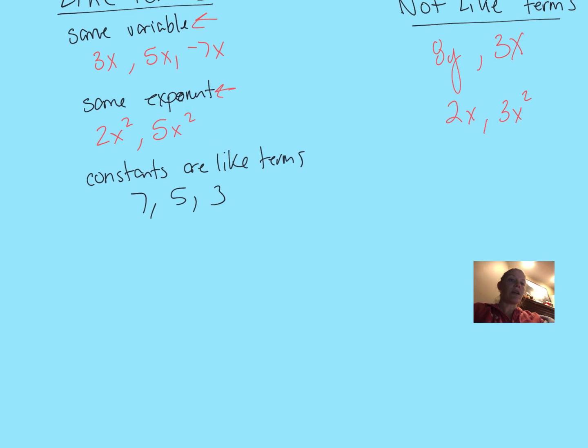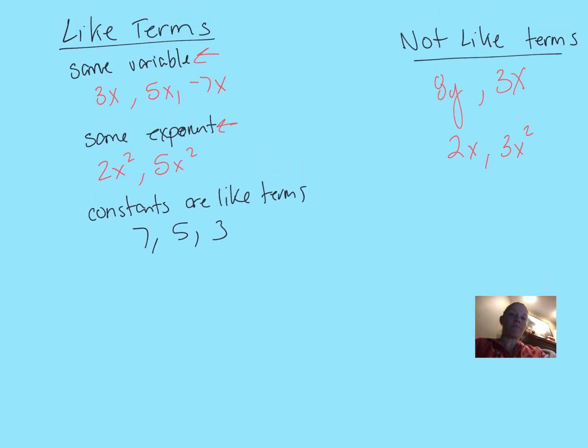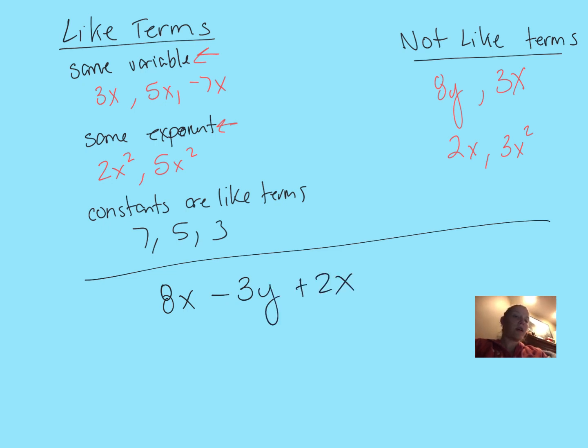So if we look at some examples then, what if I have this problem? I've got 8x minus 3y plus 2x plus 1.